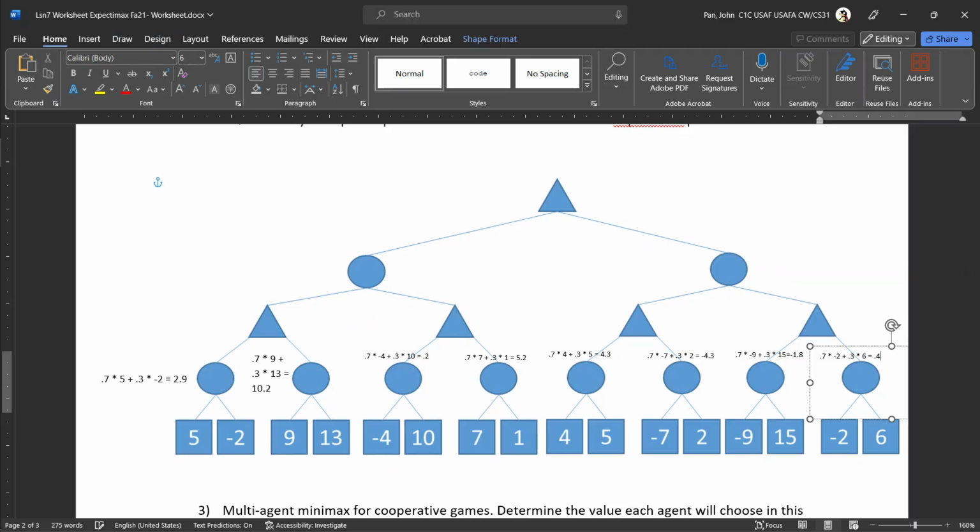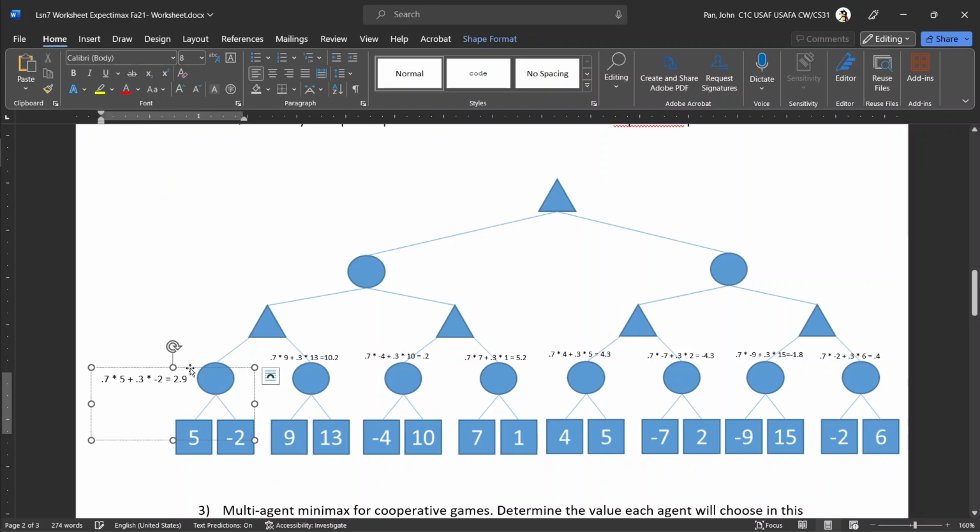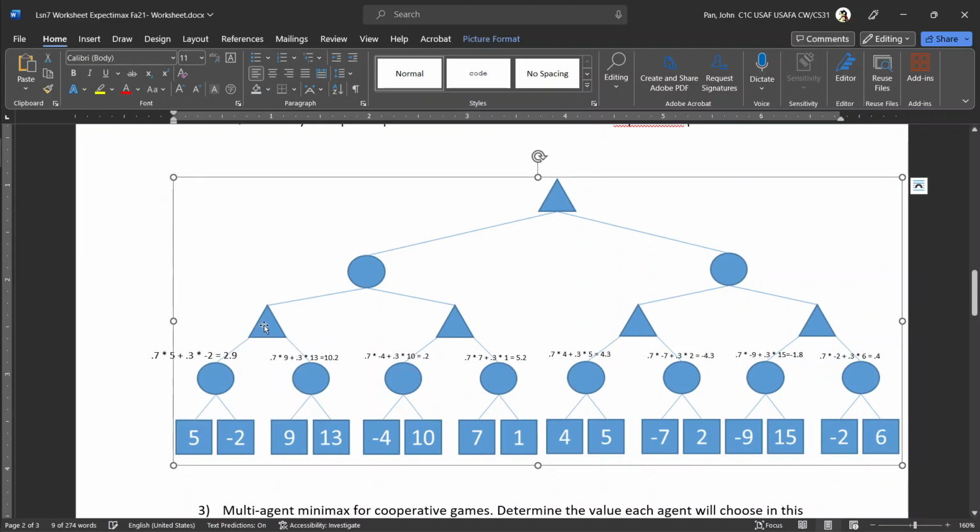Yep. Okay. So now we look at the next layer, which are maximizer nodes. These maximizer nodes will select the largest value of its children branches.